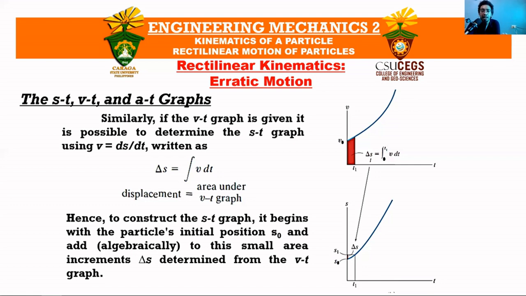So in the first example, it is by using the derivative, and in the latter example, where the AT is known and then VT then ST, what you will apply is integration.